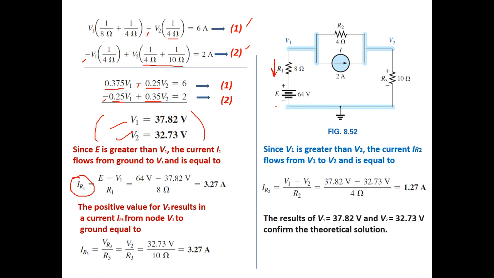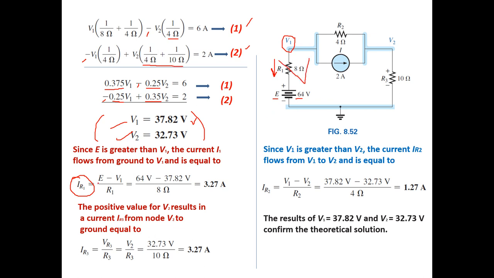Because we assumed that the highest point is the node voltage. But now I know the voltage of V1, it's 37.82, and the source voltage is 64. So this one is greater than this one.